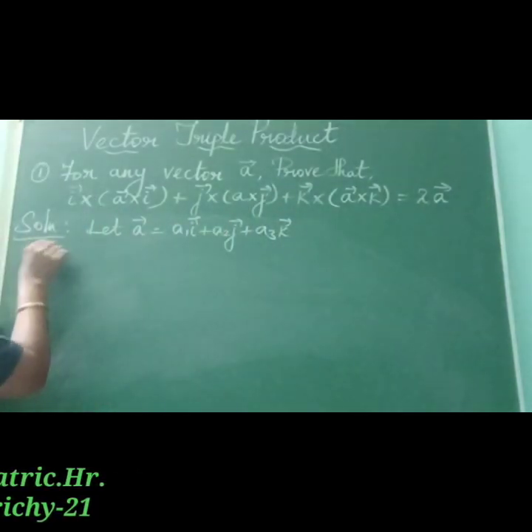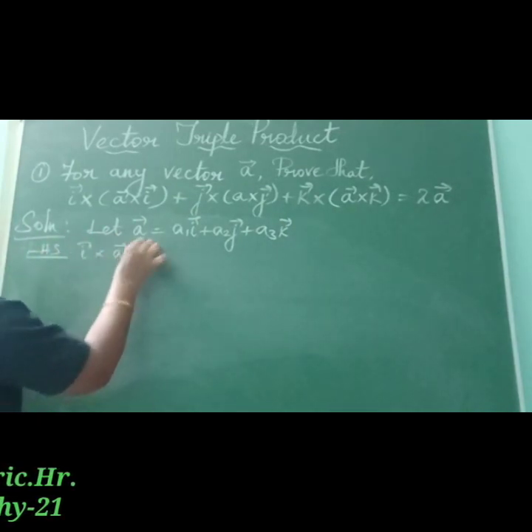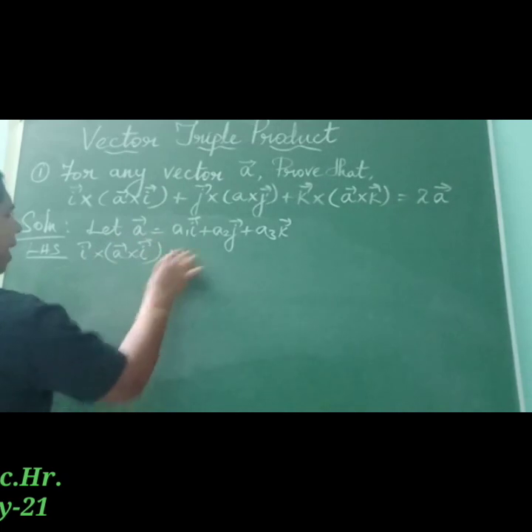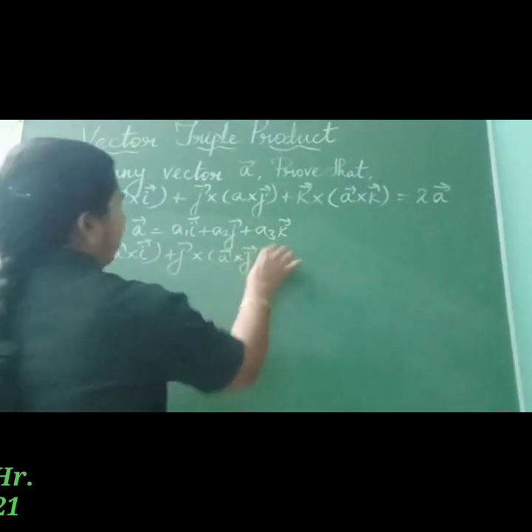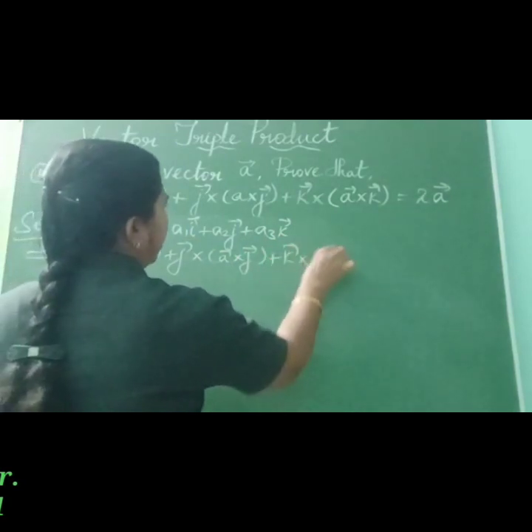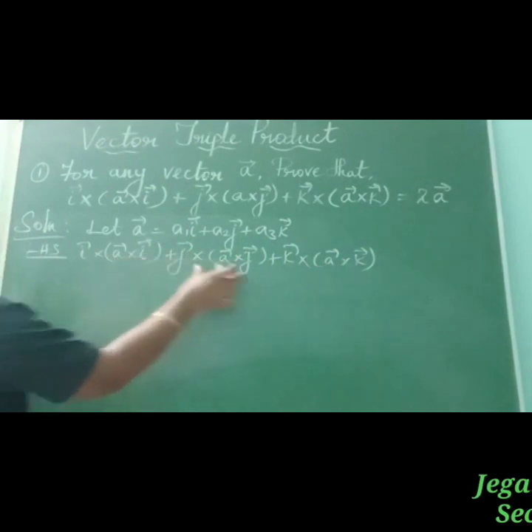Then the left hand side is I cross A cross I plus J cross A cross J plus K cross A cross K.